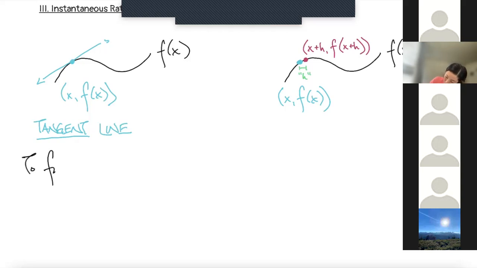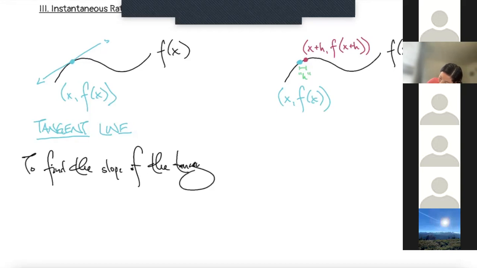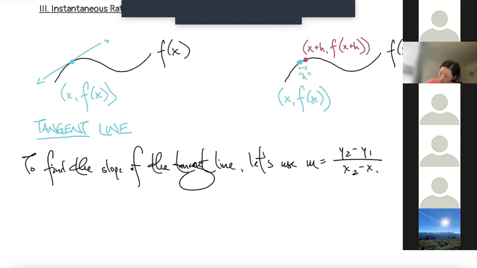So to find the slope of the tangent line, all right, to find the slope of the tangent line, let's use m equals y2 minus y1 over x2 minus x1.